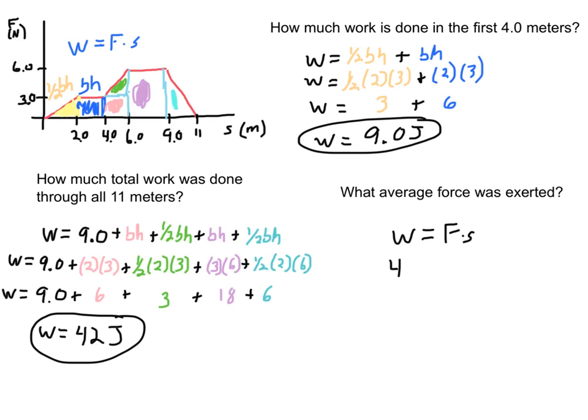I know the total work, 42 joules. And now I'm able to solve for the average force as if we exerted the exact same force the entire time to move these 11 meters, getting up to using 42 joules of work instead of applying a little force at one point and more force at the other.